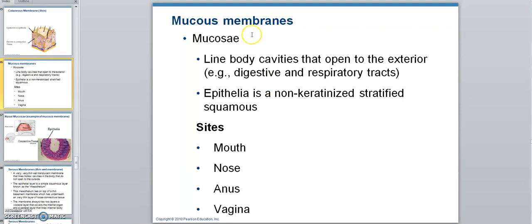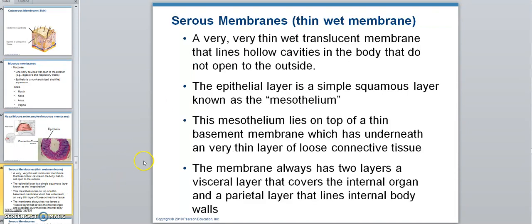Okay? Mucous membranes. Serous membranes: a thin, wet membrane, it almost looks like wax paper. Now, what's it composed of? It has an epithelial layer, a simple squamous epithelium. These surround hollow areas inside the body. They don't open to the outside.